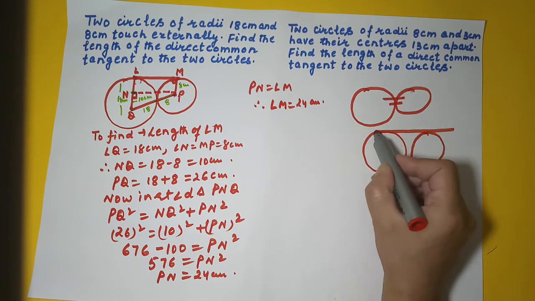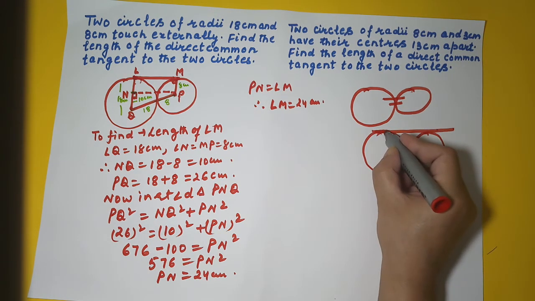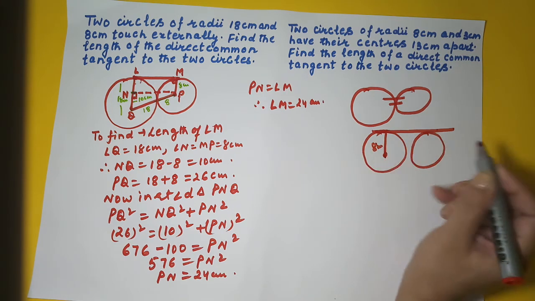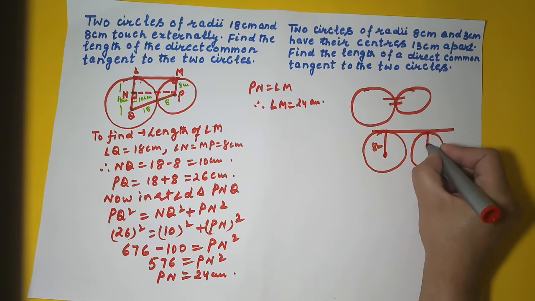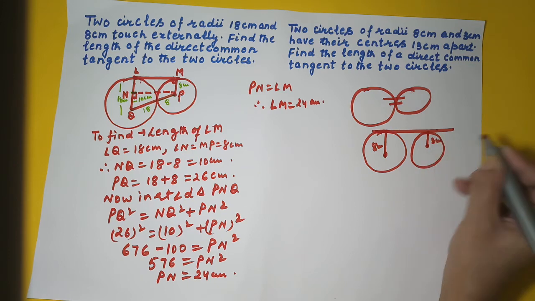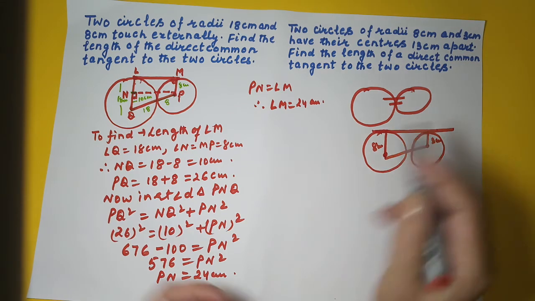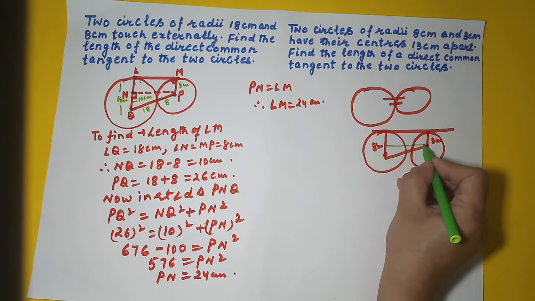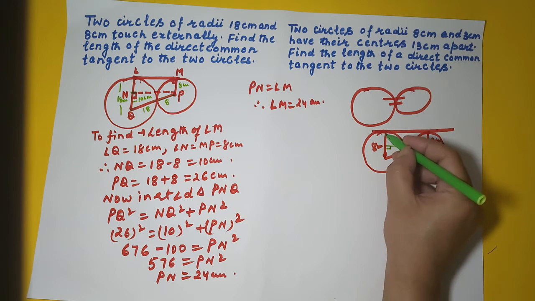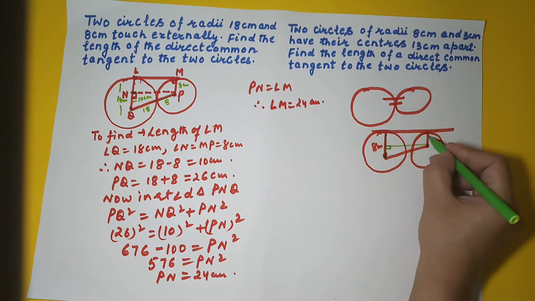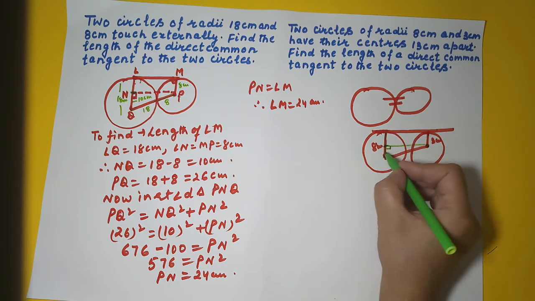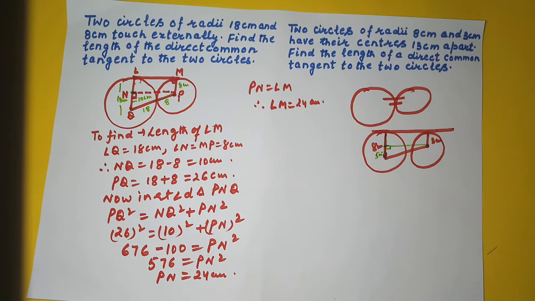So this is the direct common tangent. So this is the bigger circle whose radius is 8 centimeter, and this is the smaller circle whose radius is 3 centimeters. So if we join this line like this, and then if we drop a perpendicular here, this entire thing is 8 centimeters. This is 3 centimeters. So 8 minus 3, this part becomes 5 centimeters, right?